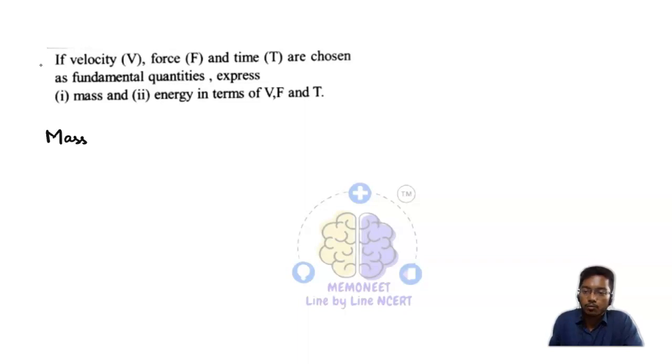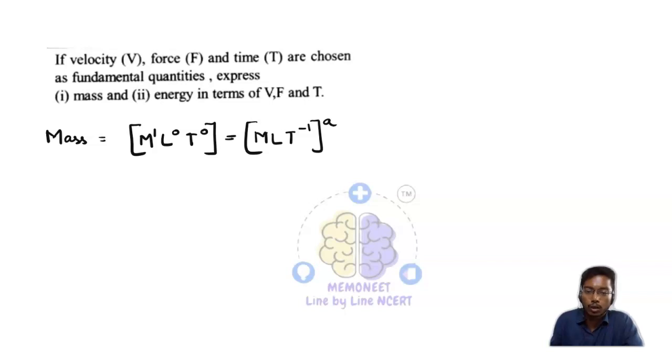The dimensional formula of mass is M^1 L^0 T^0. If we equate with velocity, we don't know in which power they belong, so for the velocity we simply write (M L T^-1)^a.